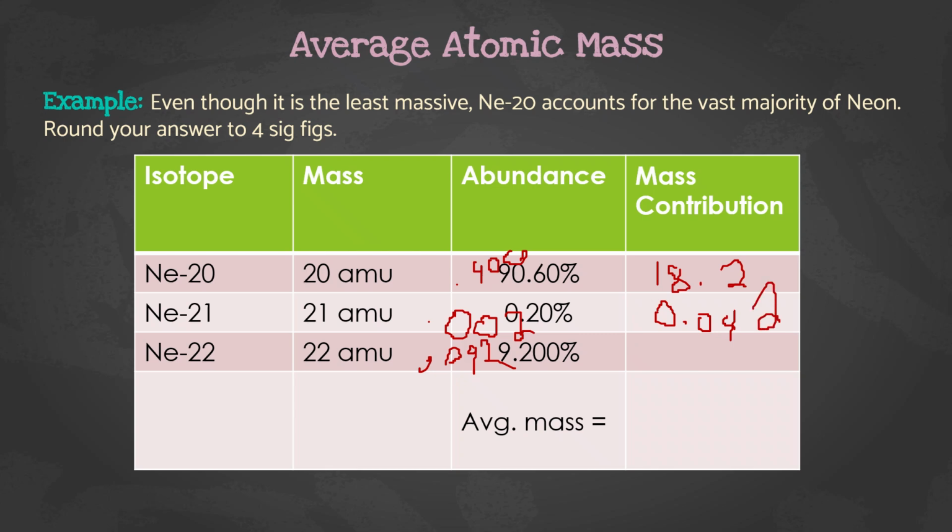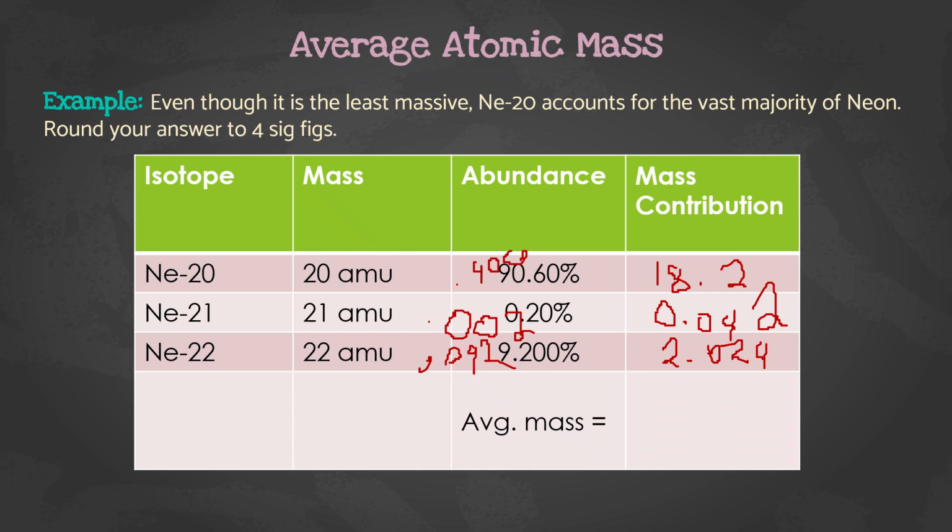Ooh, that's a bad 2. Sorry. And then finally, neon 22 is 22 times 0.092, and that is going to be 2.024.